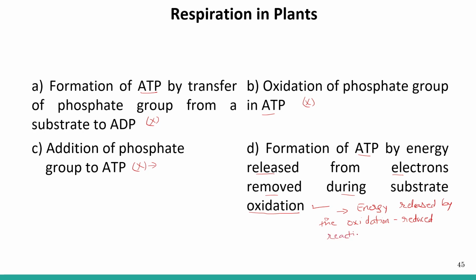Which molecule is oxidized during oxidative phosphorylation? NADH, which is a reduced coenzyme, is oxidized to NAD. So energy released by the oxidation reduction reactions is utilized for the formation of ATP. So option D is the correct answer.